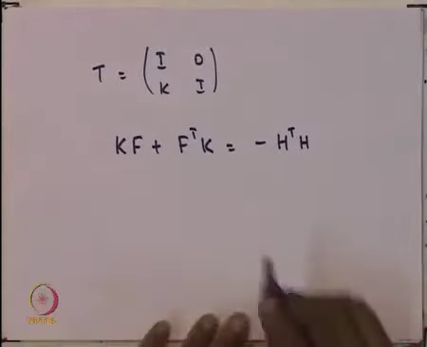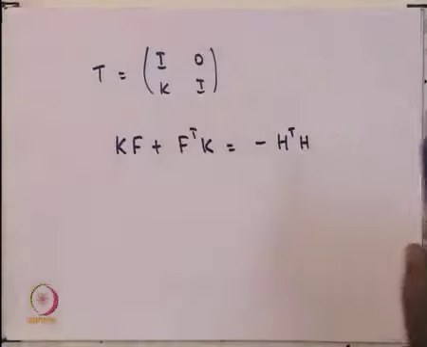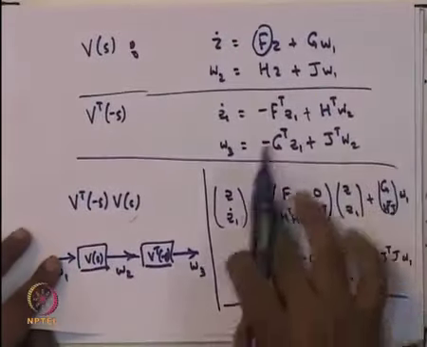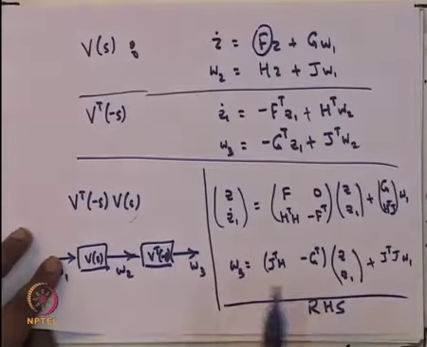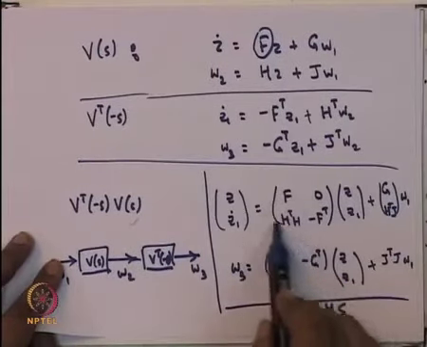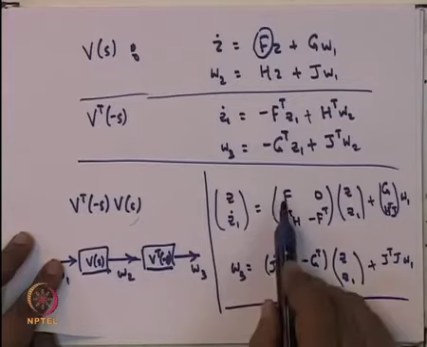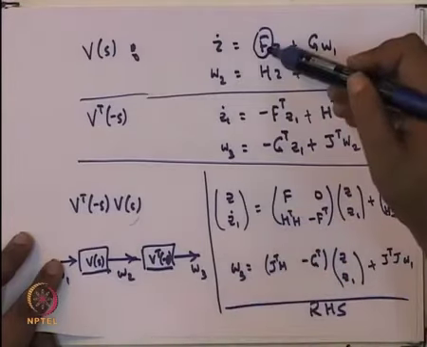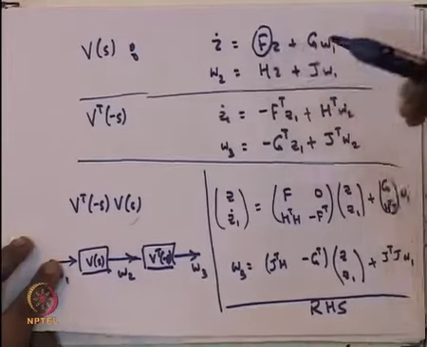Okay. Now, let me just revisit. This is the equation, the minimal state equation that we got for the right hand side. We want to make this matrix diagonal. In order to make this matrix diagonal, also remember that this F is a Hurwitz matrix.